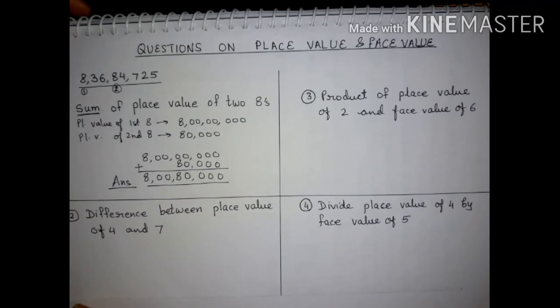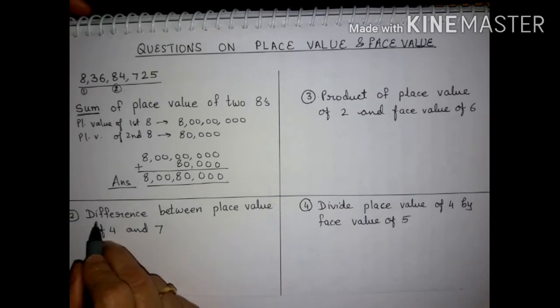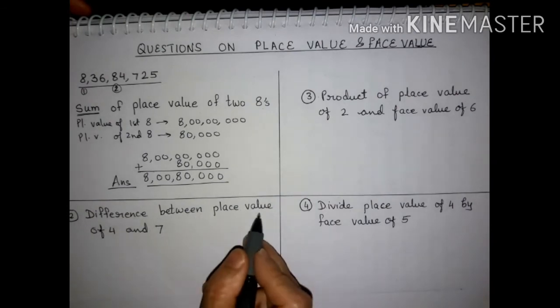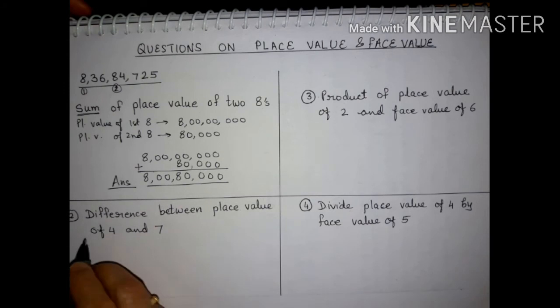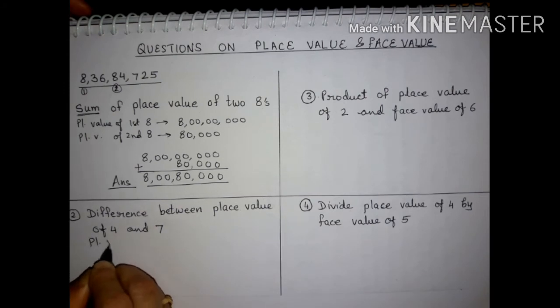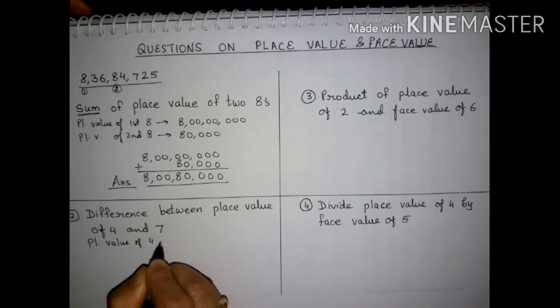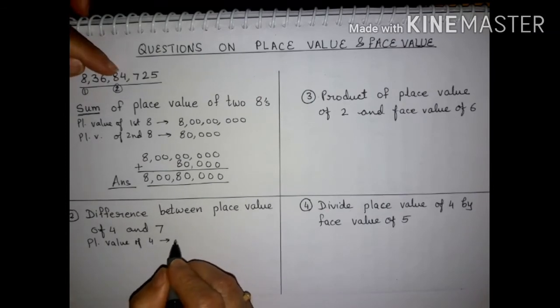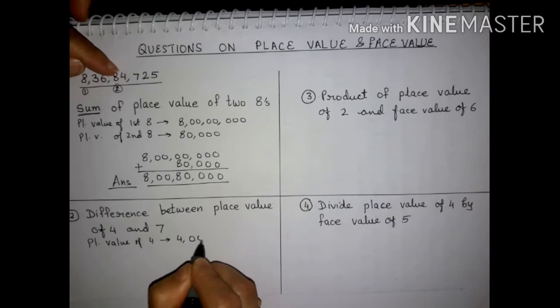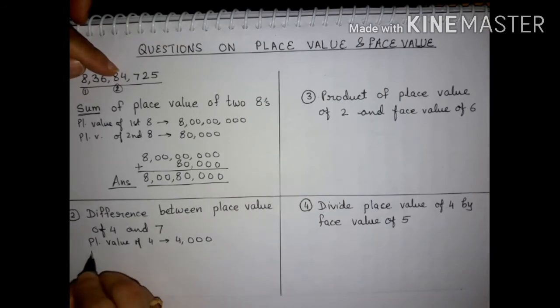Okay, now let us take another example. Second sum, let's take the difference between place value of 4 and 7. So place value of 4, you can see here, is 4,000.